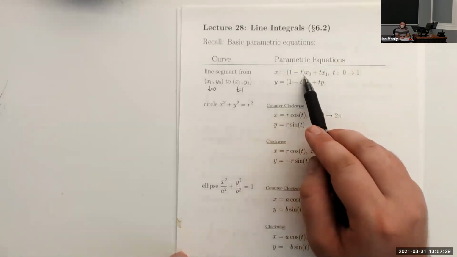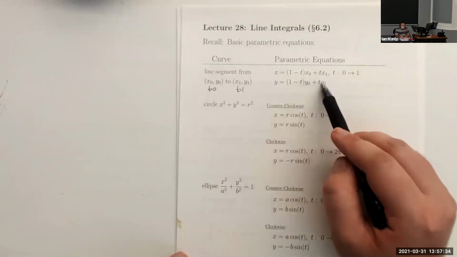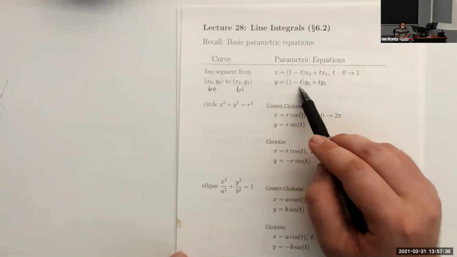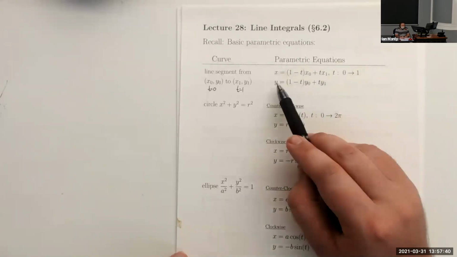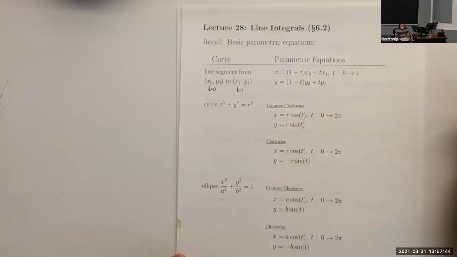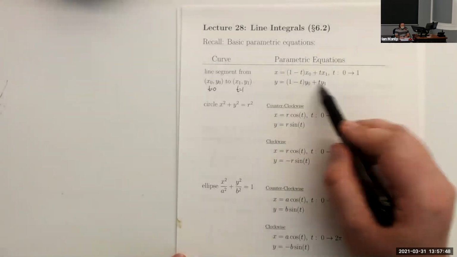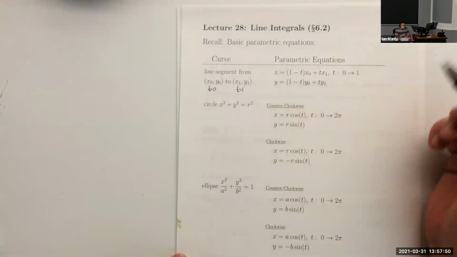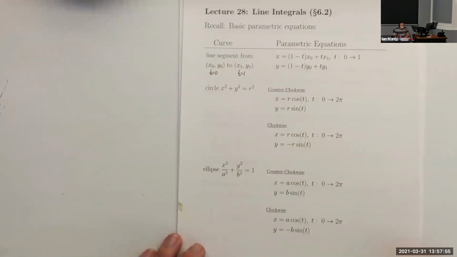If I plug in t equals 0 here, we get 0 for these, so these go away, and 1 minus 0 is 1 for these. So at t equals 0, x is x0 and y is y0. Then the reverse happens when t is 1: these will both be 0, and these will both be 1. So x is x1 and y is y1. If you want to draw a line segment between these, this is how you do it.